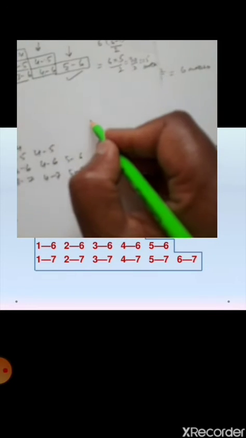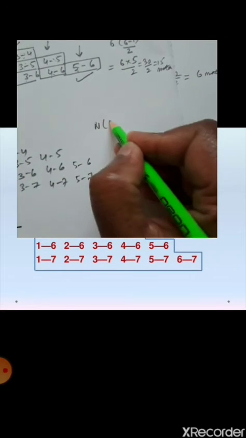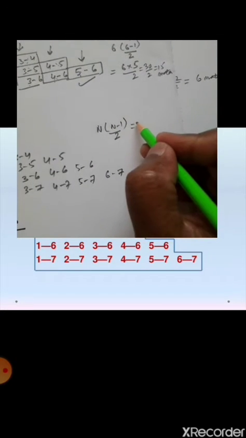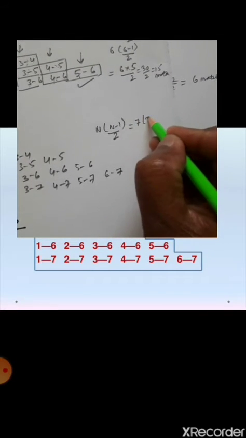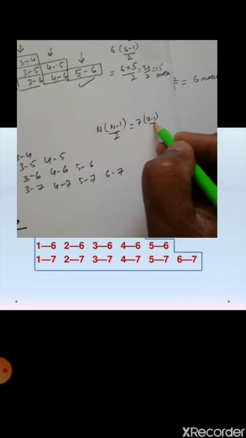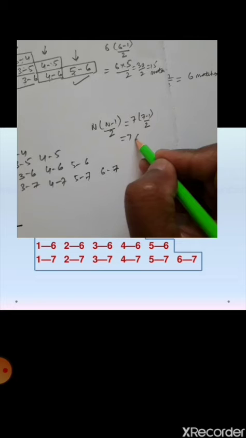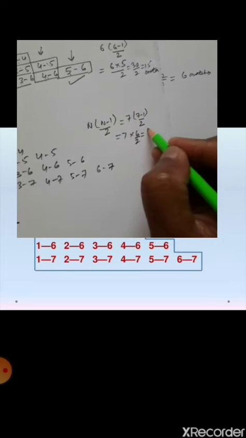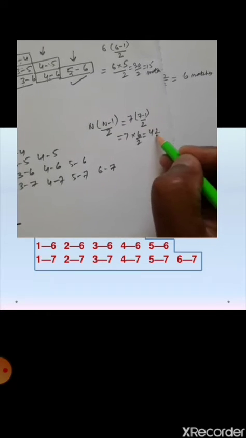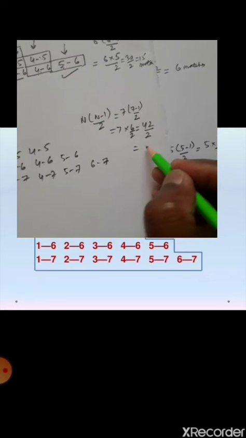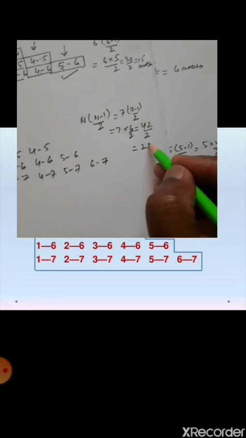Okay, now again we will use the formula, n(n minus 1) upon 2, with n equals 7. 7 into 6 upon 2, it is 42 upon 2, that is 21 matches.